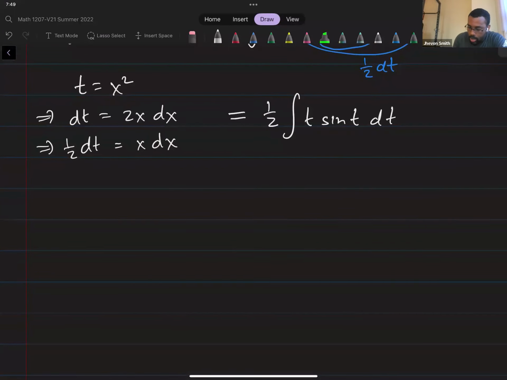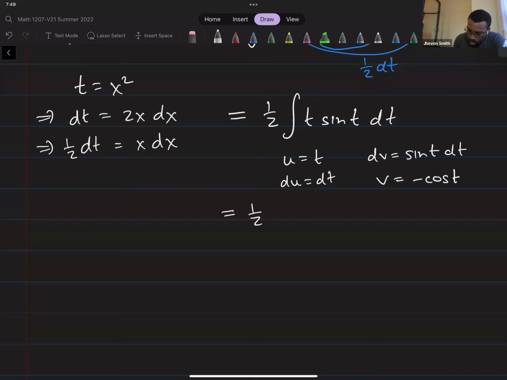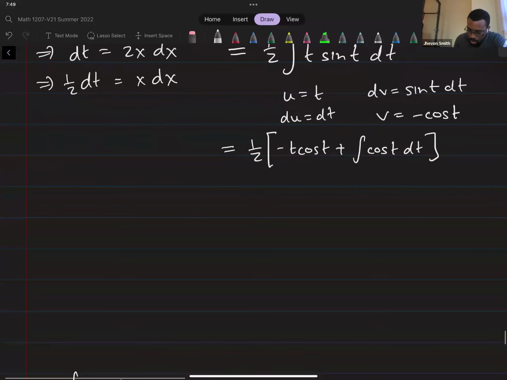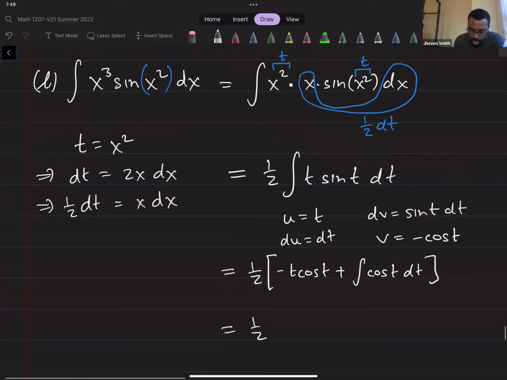And here I can do integration by parts. u equals t, dv equals sine, du equals dt. The integral of sine is negative cosine. So this is 1/2 of u times v minus, comes plus, the integral of v du. And the t was x squared.